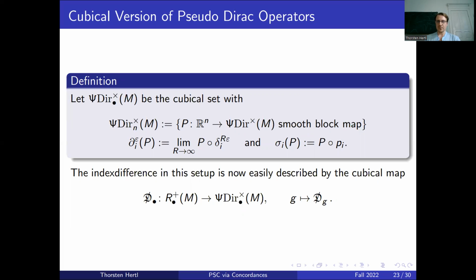The nice thing about the previous result is that the index difference now has a really convenient description, namely it is the cubical map from the combinatorial model of the space of PSC metrics towards the combinatorial model of the space of invertible pseudo-Dirac operators, which is given by assigning to a Riemannian metric its Dirac operator. Look how neat this map is. There are no identifications involved, and you can write this down absolutely explicitly.